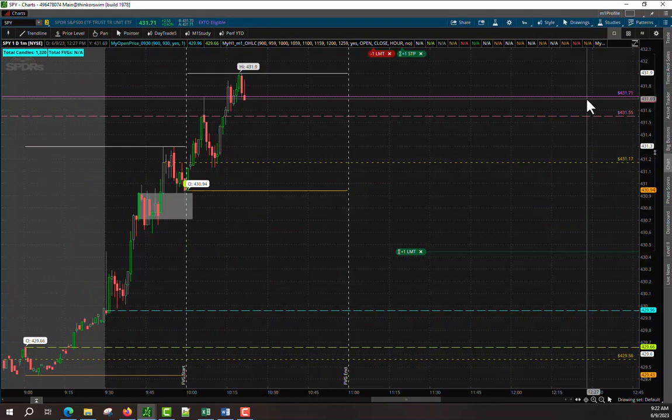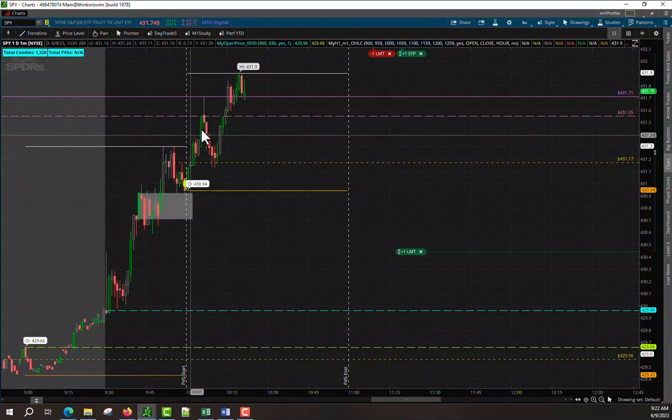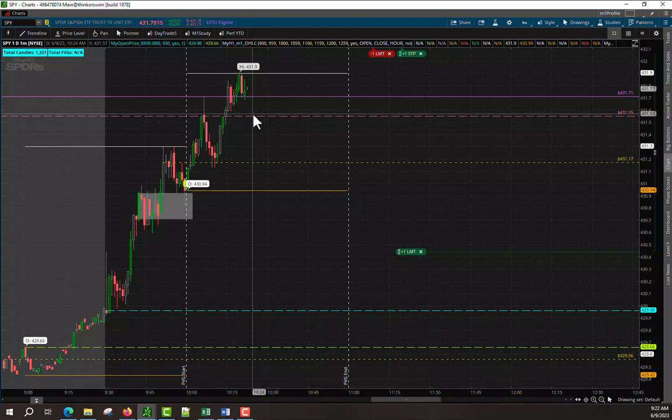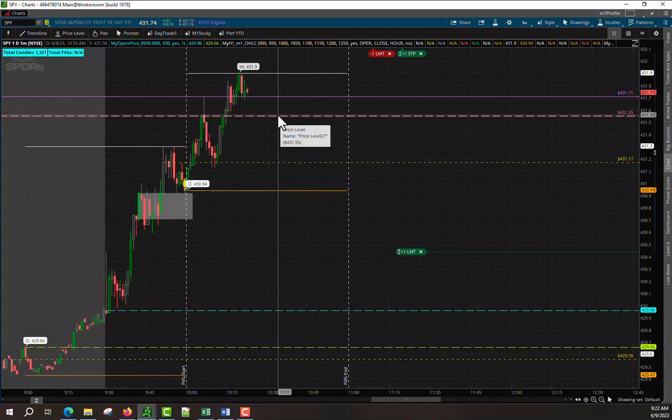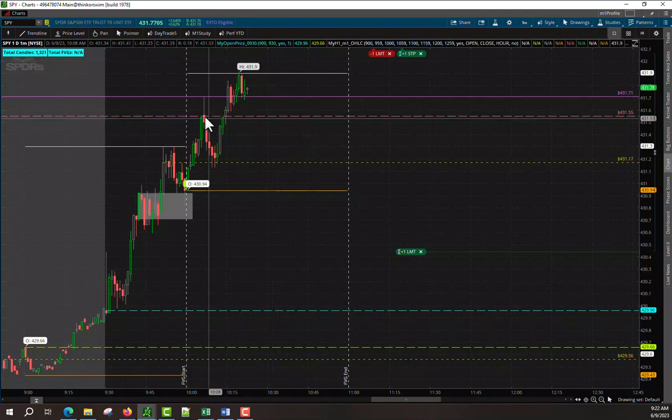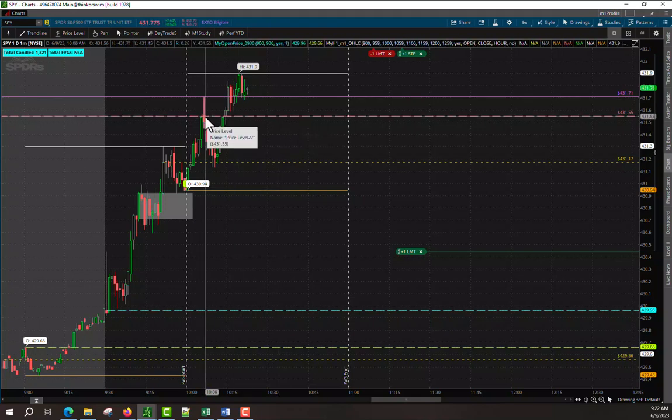But the same right here, right? We want to stay above this level. So basically we want to stay above this. If we saw earlier right here, it looked like a good trade, we would stop out.